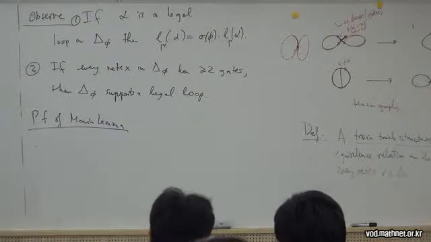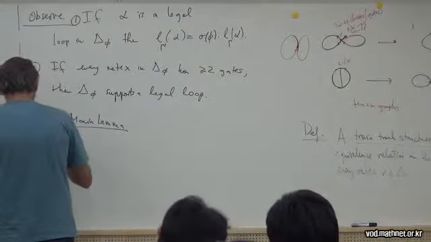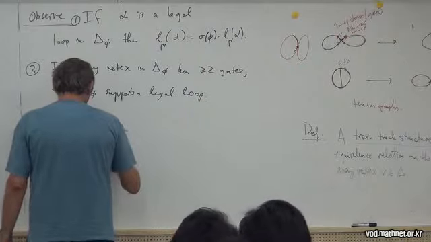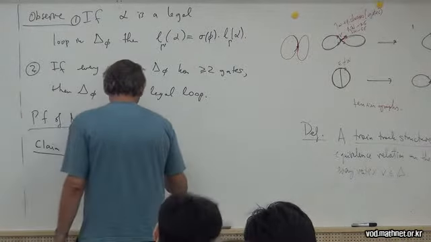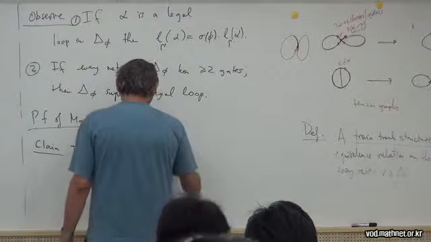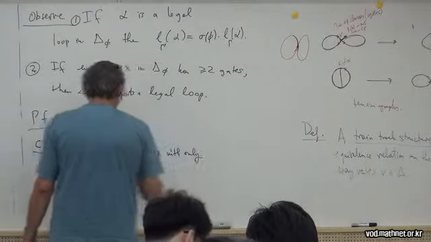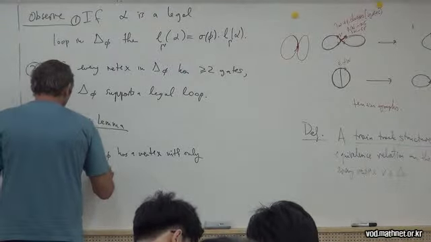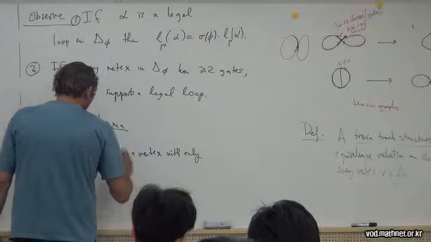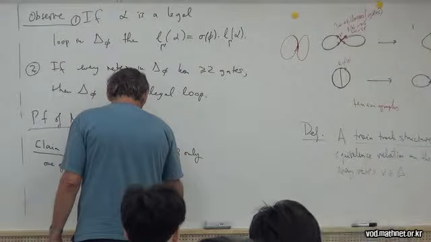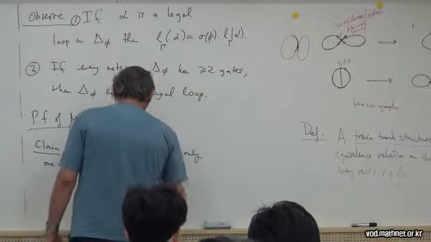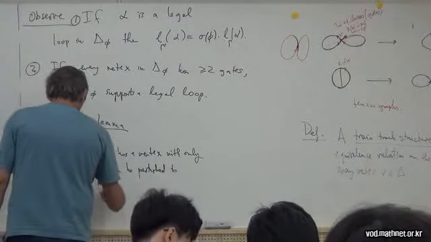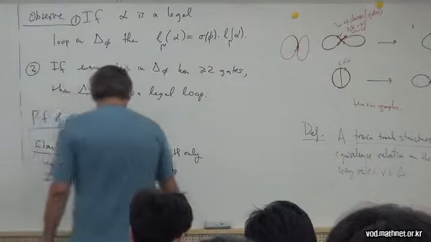So the proof of main lemma. The claim is that if delta phi has a vertex with only one gate, then phi can be perturbed to an optimal map phi prime from gamma to gamma prime.